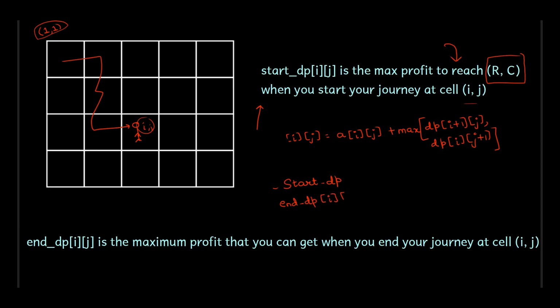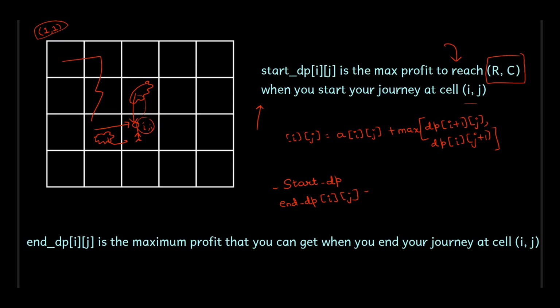That if you want to end your journey over here, what is your penultimate move? You must have either come from here or you must have arrived at this cell from here. Means you are interested in the maximum profit that you can accumulate when you end your journey at this cell and then you will take one step forward, or the maximum profit that you can accumulate when you end your journey at this cell and then you will take one step forward.